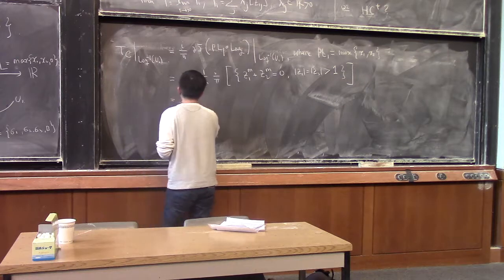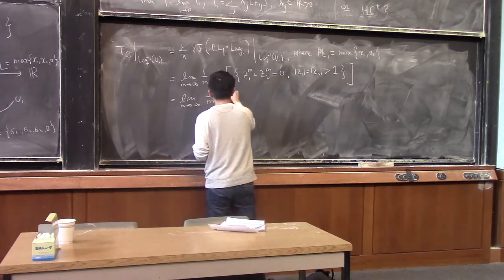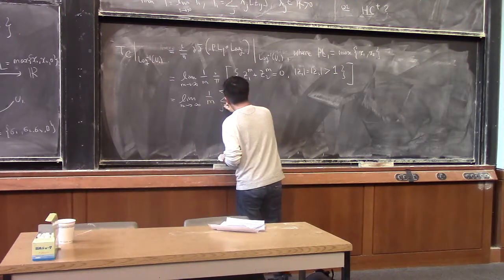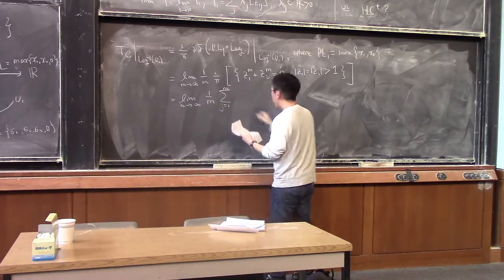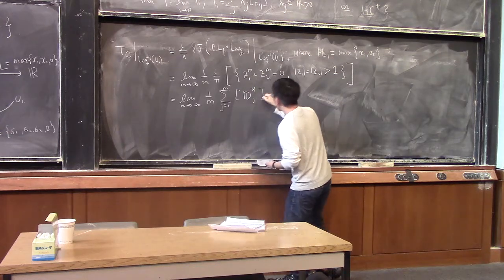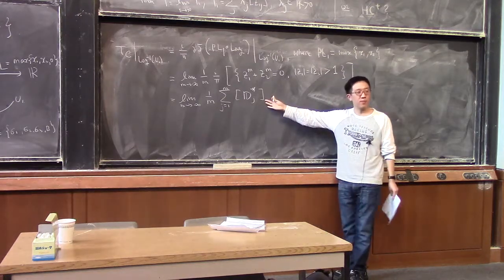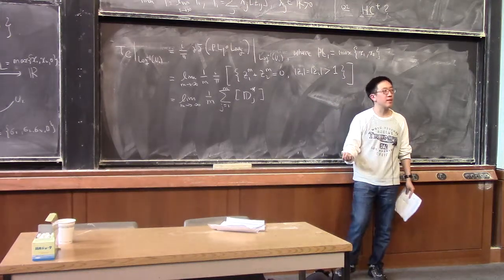So this is a limit of a sum of m distinct punctured unit disks, say indexed by j. And now we can somehow visualize what happens in the limit.